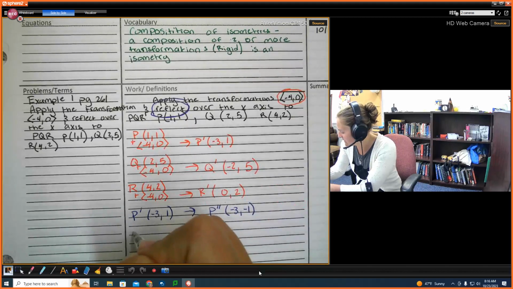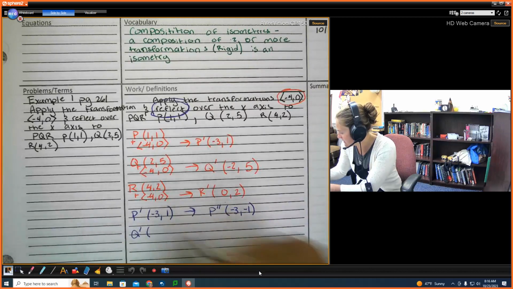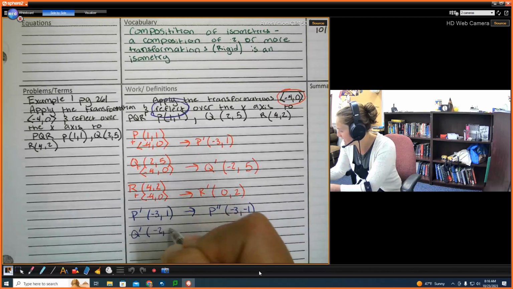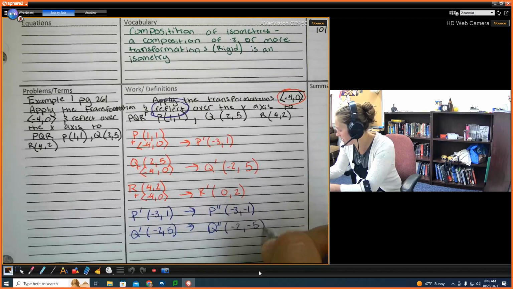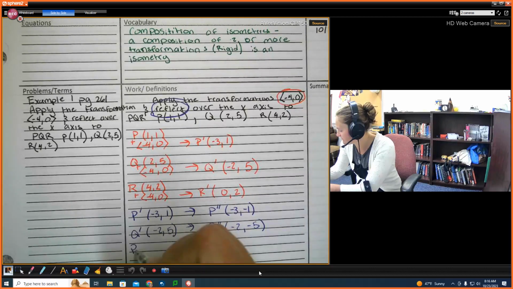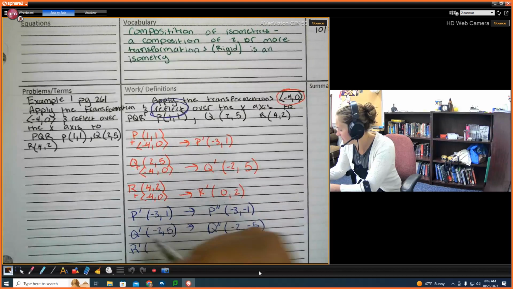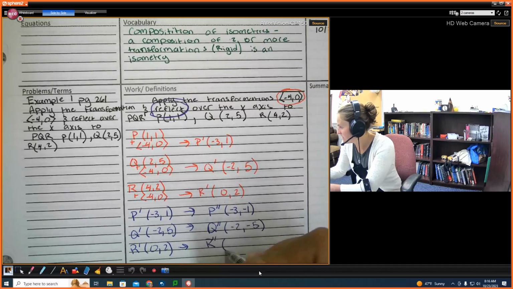And then Q double prime is -2, -5. And then R double prime, what is it, Heston?